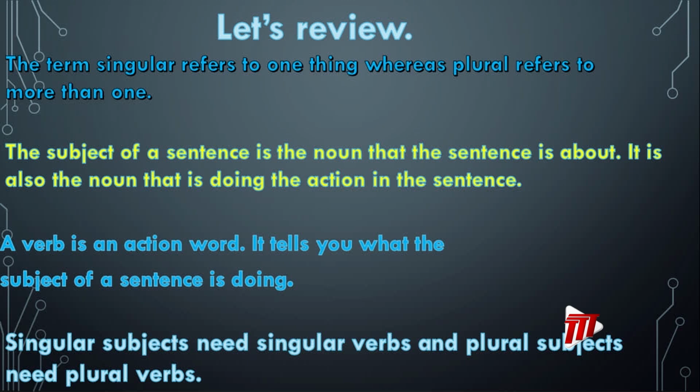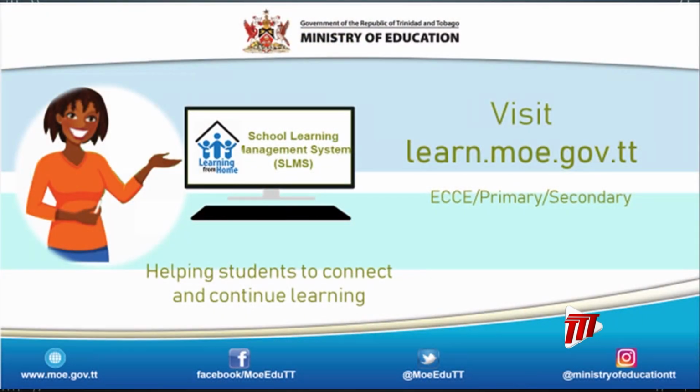And remember, singular subject does not end in S, but a singular verb does. Plural subject has an S at the end, but the plural verb does not. So it's always going to be an opposite relation in the regular cases. And of course, there are usually exceptions, but those are things that we have to learn and practice and go through with time. So hopefully you all learned something, you all went through a review and you all had a good time.